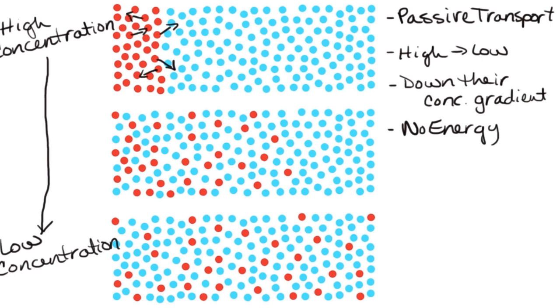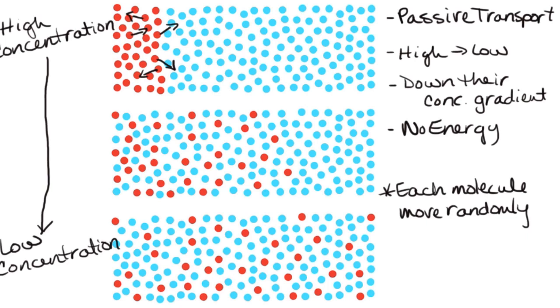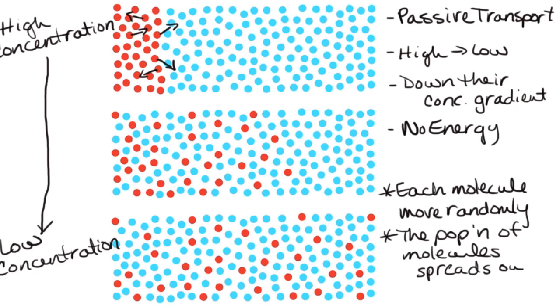So we want to keep in mind that each molecule is going to move randomly. But as each molecule moves randomly, the population of molecules spreads out. The population is going to be moving towards that low concentration, but each molecule on its own is just bouncing around.